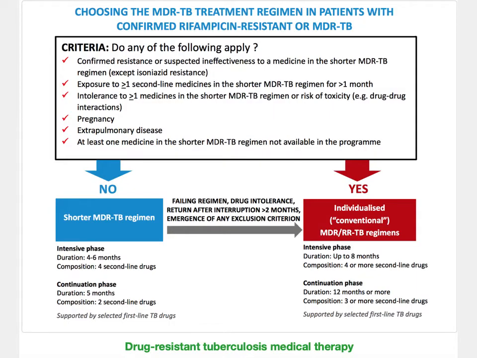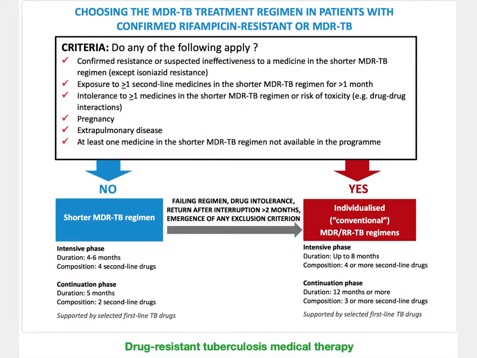This chart gives you an overview of choosing the multiple drug-resistant TB treatment regimen in patients with confirmed rifampicin resistant or multiple drug-resistant TB. So the criteria you can see in this slide: do any of the following apply?